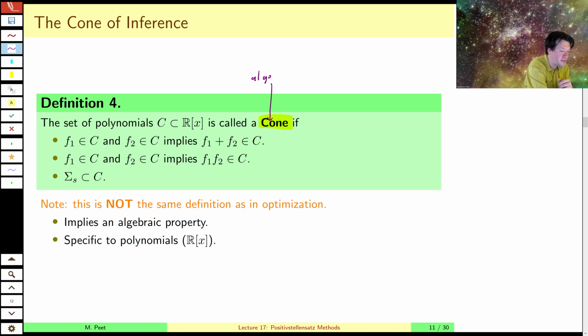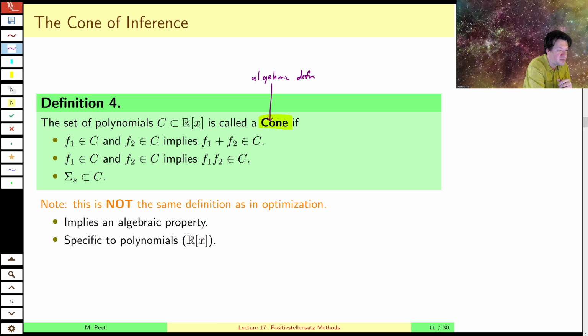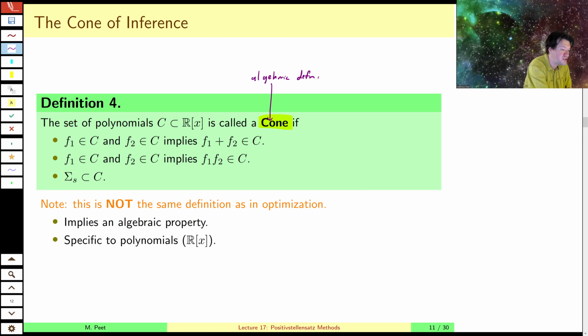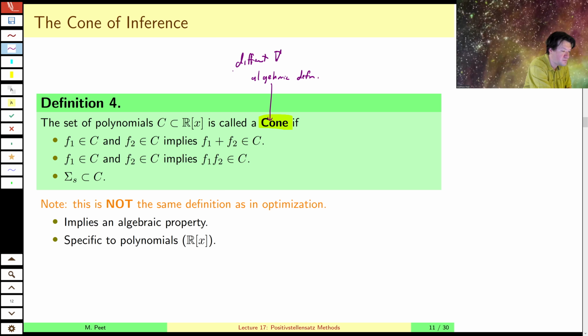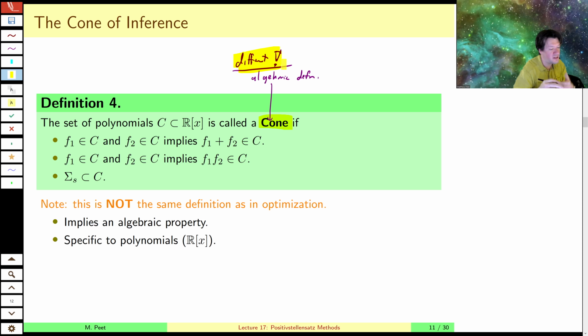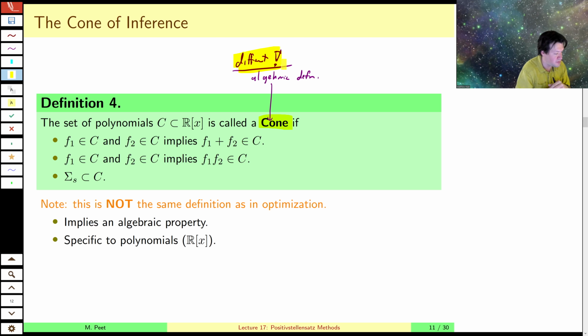So this is the algebraic definition, not the vector space definition we introduced much, much earlier. So it's a different definition. This is not a cone in the same sense that we talked about it in geometry earlier.